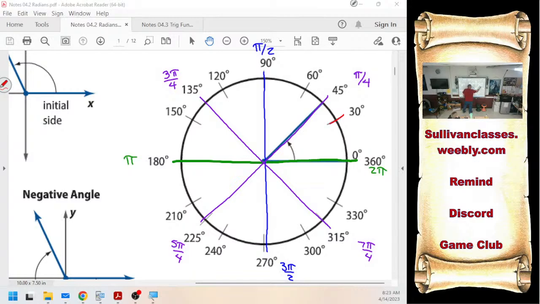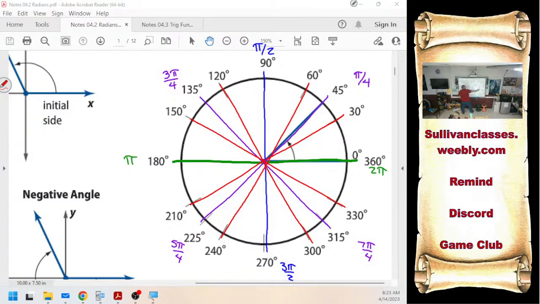So every one of my 30 degree increments is going to be counting by 1/6. So I'll have 1/6 pi. 2 pi over 6, reduce it. 3 pi over 6, already there and reduced. 4 pi over 6, reduce it. 5 pi over 6. 6 pi over 6, already there and reduced.